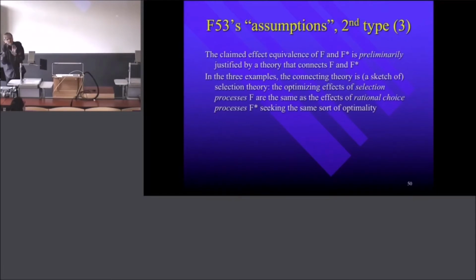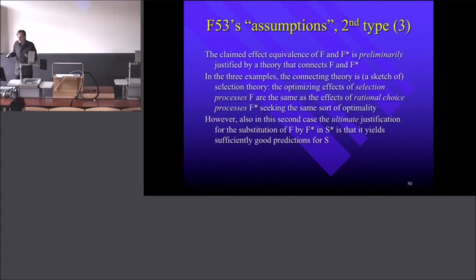So you've got a theoretical argument why you can replace sometimes results of selection processes by processes of rational calculation. Right? That's the idea. That holds for the billiard player as it holds for the firms, as it holds for these leaves. That's the basic idea. So this is, of course, still speculative.